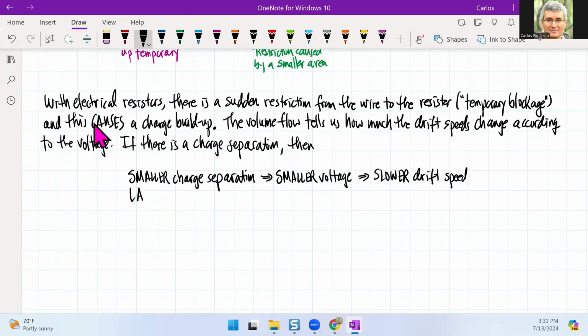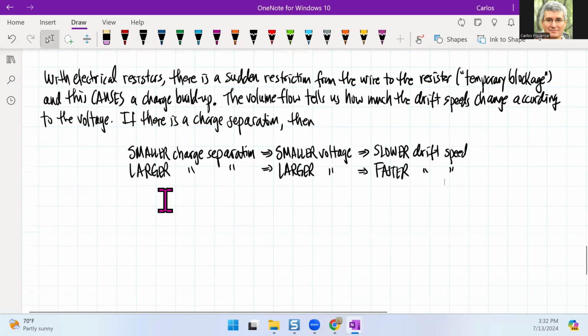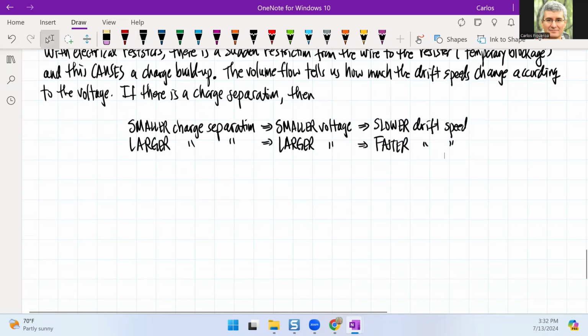If I have a larger charge separation, then I'm going to have a larger voltage, which then tells me I'm going to have a faster drift speed. So now let's look at this thing. In order for current to flow in a wire, there has to be a voltage.